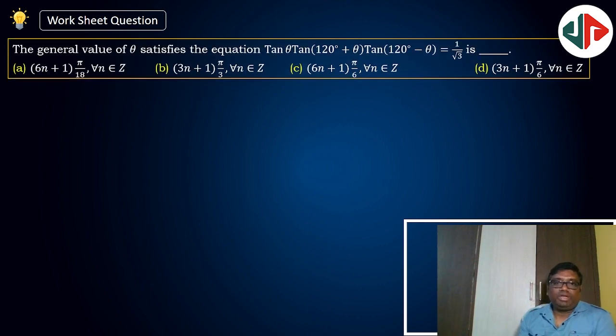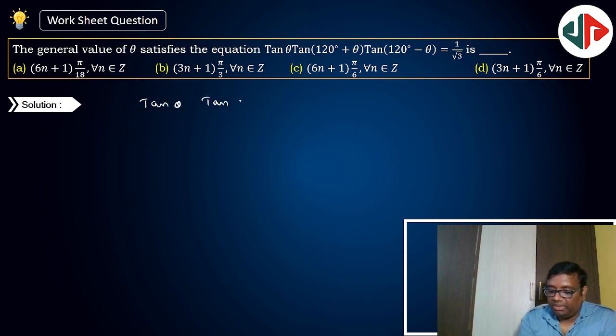The general value of theta, this is a direct question only now. What is the formula here? Tan 3 theta is equal to tan theta into tan of 120 plus theta into tan of 120 minus theta. This is always equal to 1 by root 3.